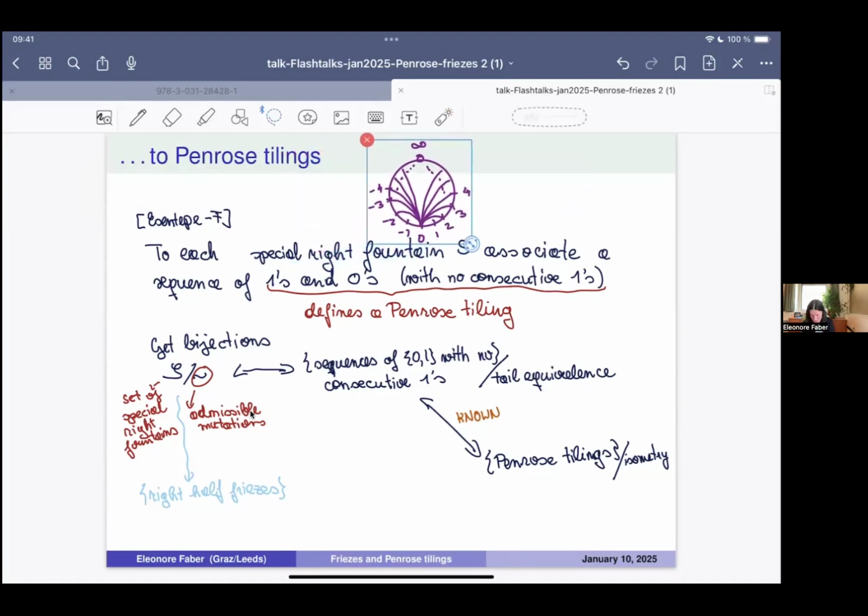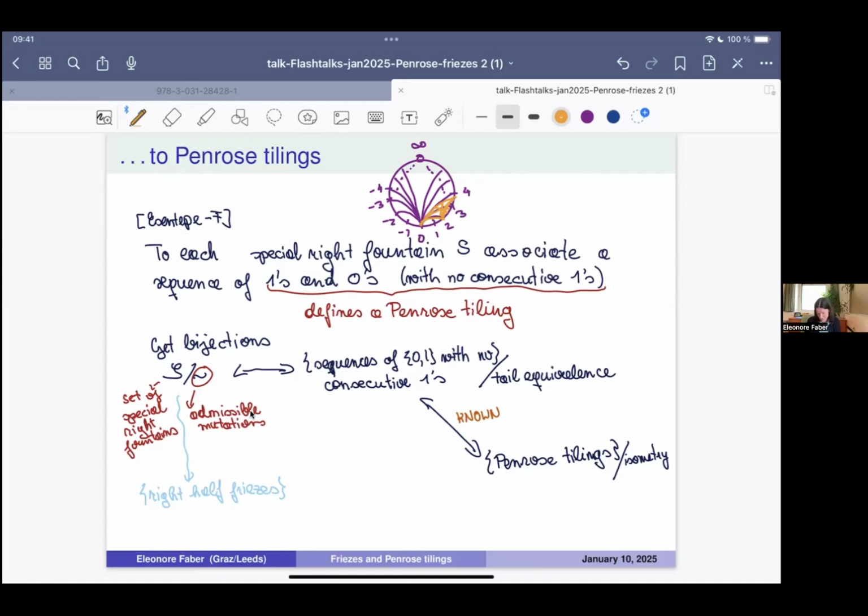I have my fountain here, and special means precisely not that case. Namely, special means I do not have two arcs ending in two consecutive integers. So I would need something here. This would be allowed. And this gives me a sequence of ones and zeros with no consecutive ones.